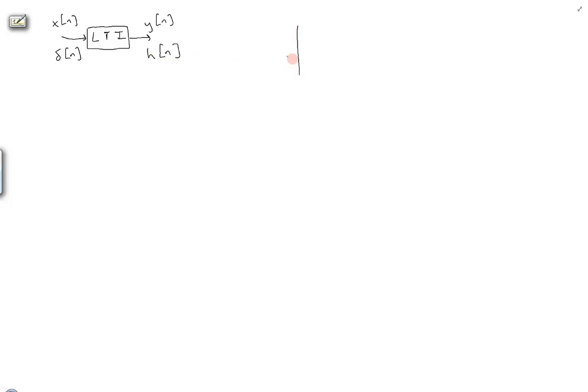To draw this, the input delta has an amplitude of 1 at sample 0 and a 0 everywhere else. So it's just this impulse. And this system produces an output which I'm going to make up, since it completely depends on the actual system.